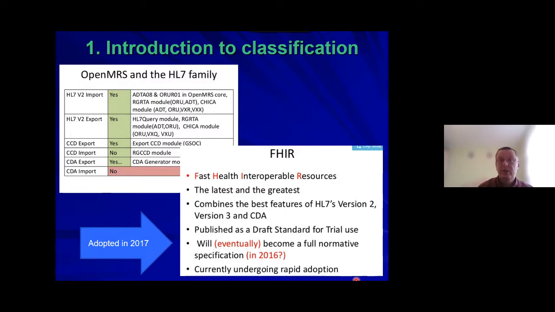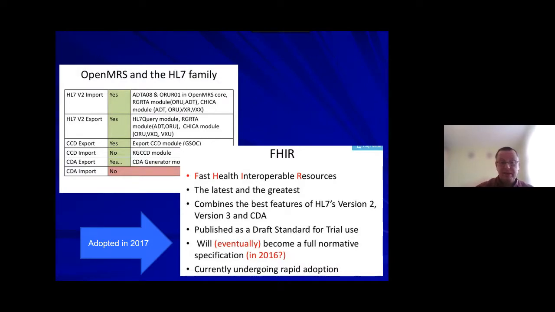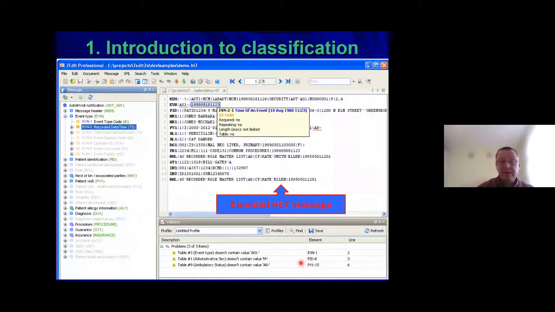And here we have the evolution of the internal structure of HL7. We started with minimal readable text documents in versions like 2.4, 2.5, 2.7, then moved into XML representation.